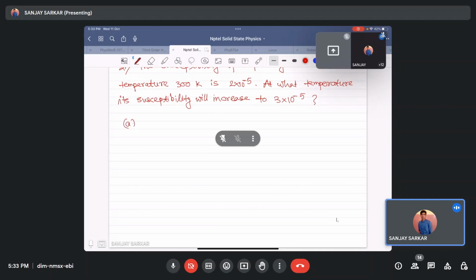And these are the options. Option A is 100 Kelvin, option B is 200 Kelvin, option C is 300 Kelvin, and option D is 400 Kelvin. So can you calculate this? You just need to say at what temperature the susceptibility will increase to that new value.